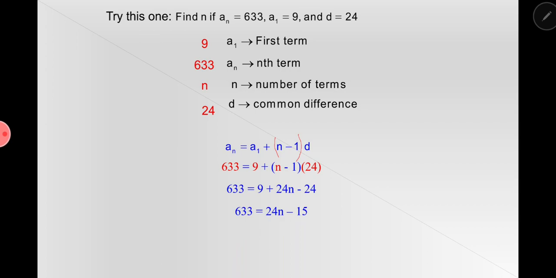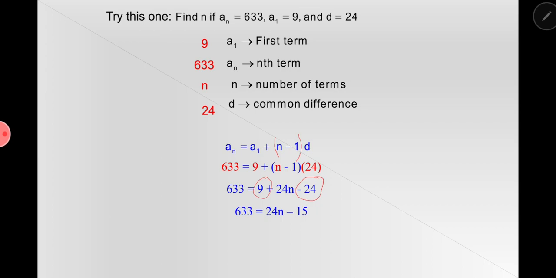Okay. So, paano natin nakuha si 15? So, in this part, in this equation, we combine like terms. We have 9 and negative 24. Adding them up, we have negative 15. Okay?